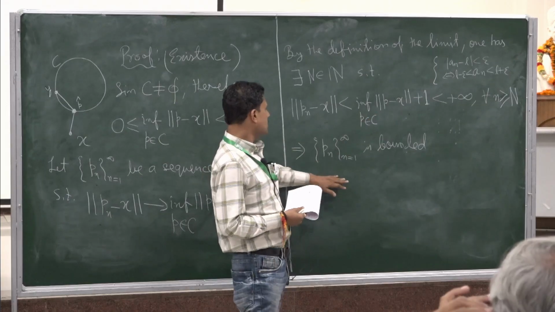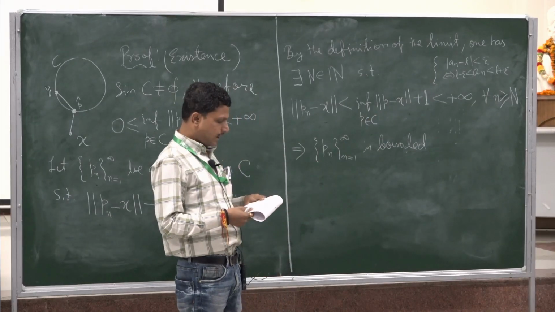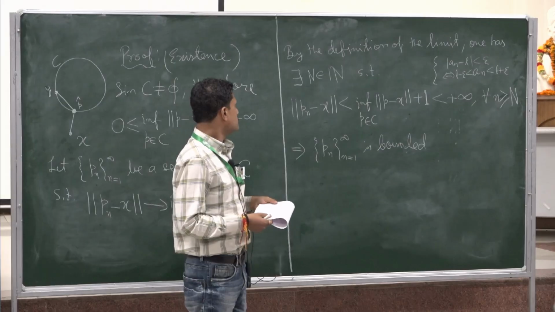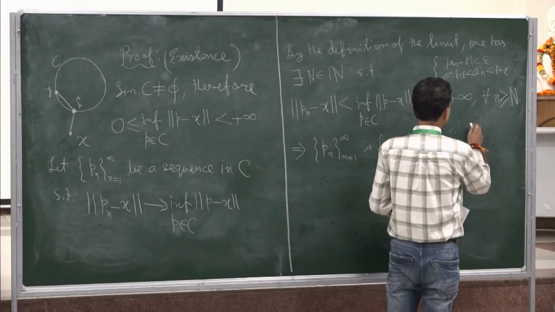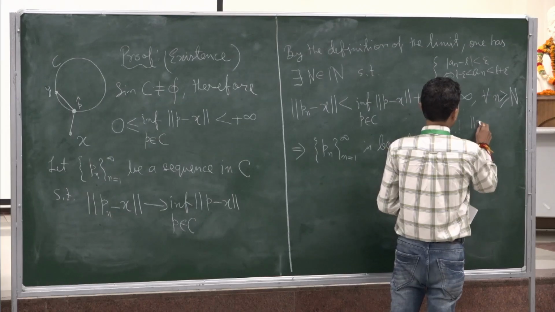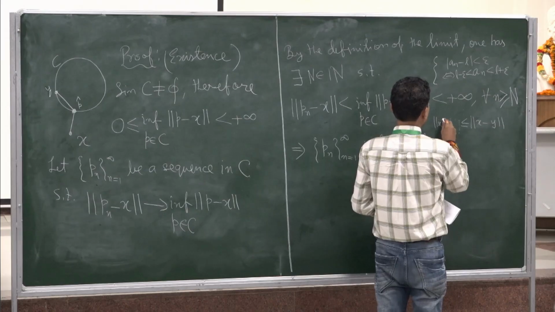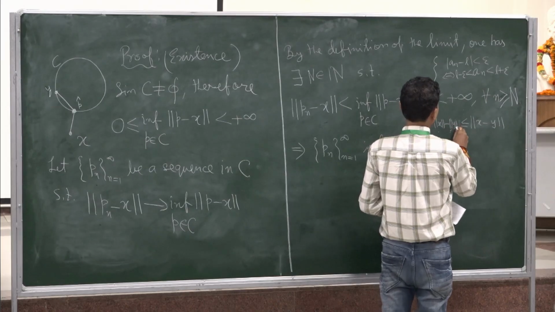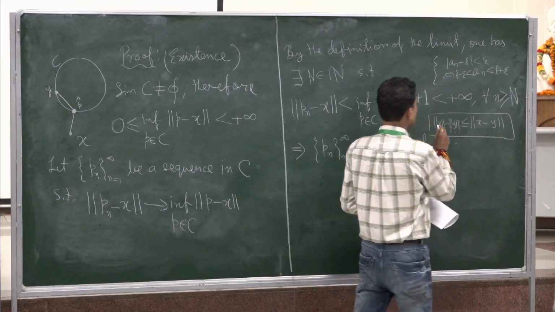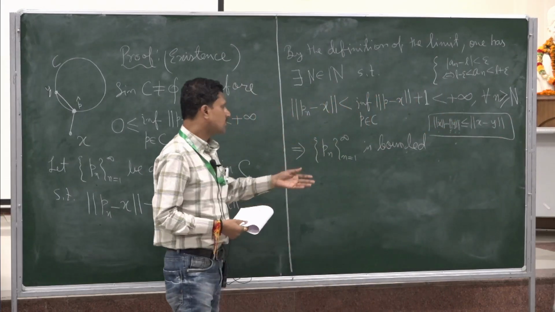So this sequence is bounded. Using the reverse triangle inequality, norm of x minus y is greater than or equal to norm of x minus norm of y, we can show that this Pn is bounded.